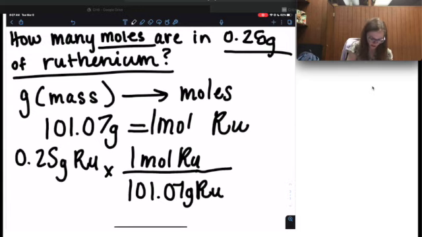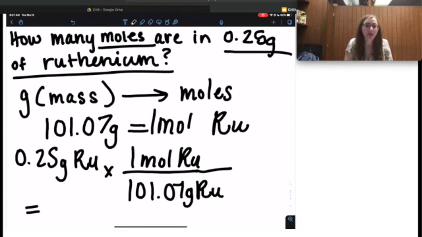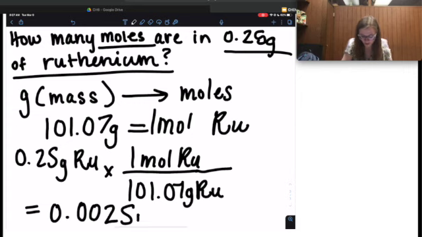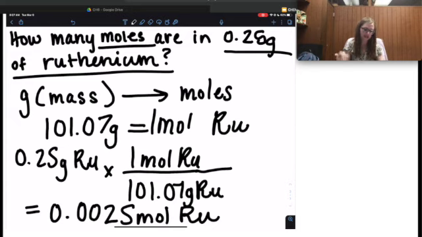And then when I multiply this out, what I end up getting is 0.0025 moles of ruthenium in 0.25 grams of ruthenium.